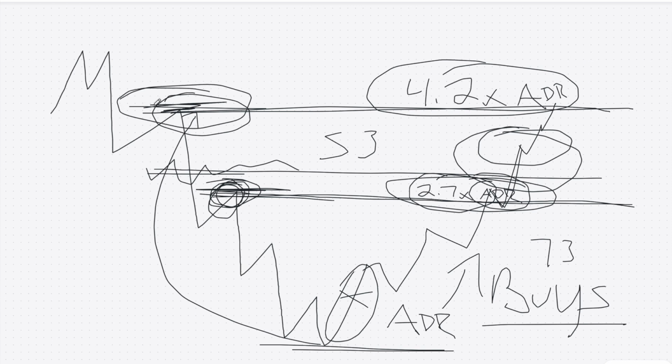Once you get consistent and good, you start to notice that, hey, we didn't stop here and create a peak formation at 2.7, and we have a huge gap that we could still make a full cycle out of. It's just going to take 4.2 times ADR. There's a reason they're not creating the peak formation here at 2.7: they want the orders up here.